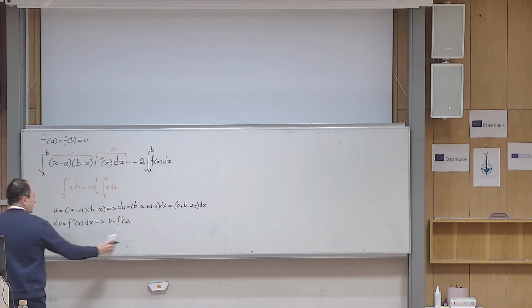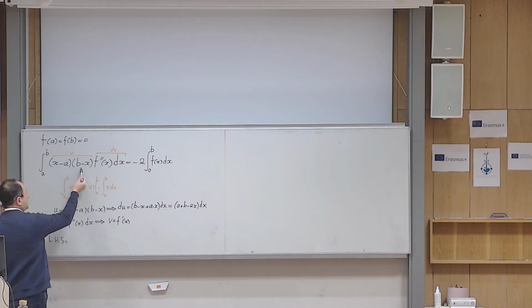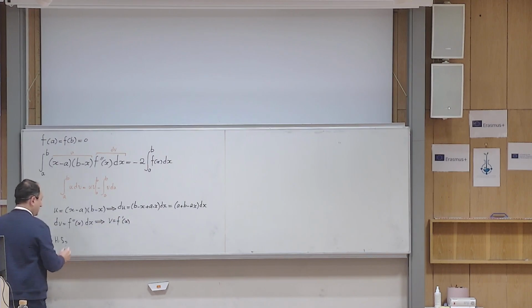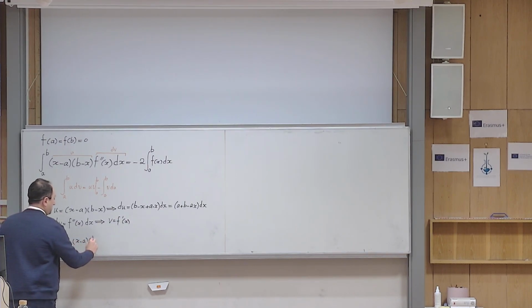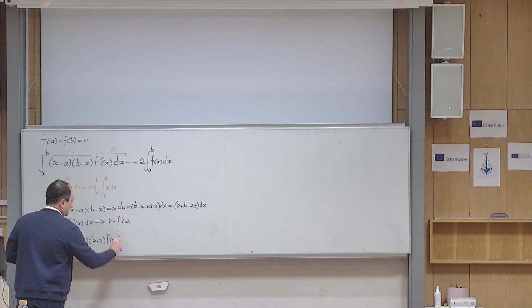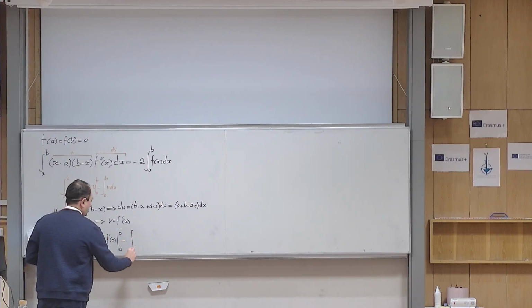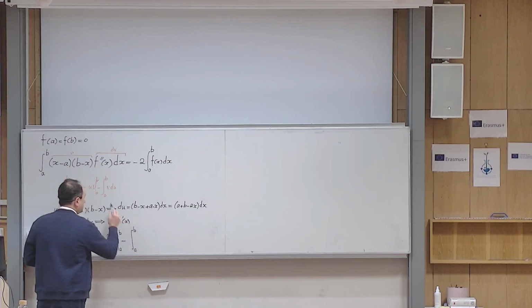Okay, now what I can do, I can call it the left-hand side. The left-hand side is equal to u times v. This is your u and this is your v. You multiply them, so it becomes (x minus a) times (b minus x) multiplied by f prime of x, but I have to run it from a to b, minus the integral from a to b of v du.